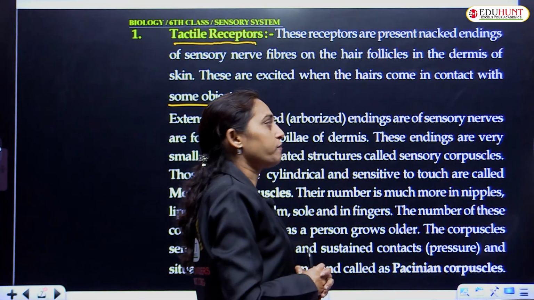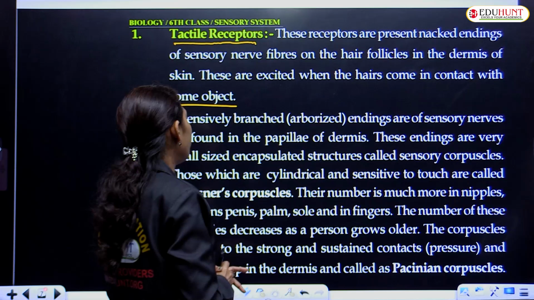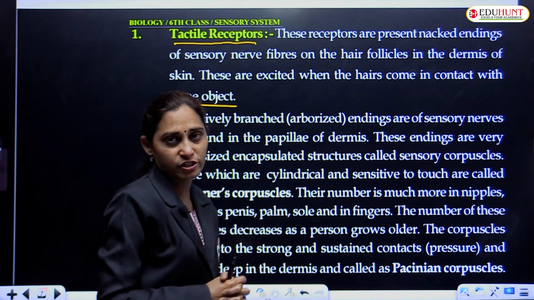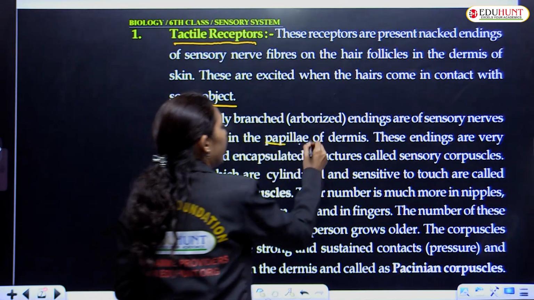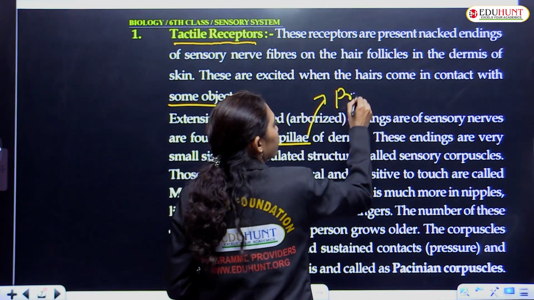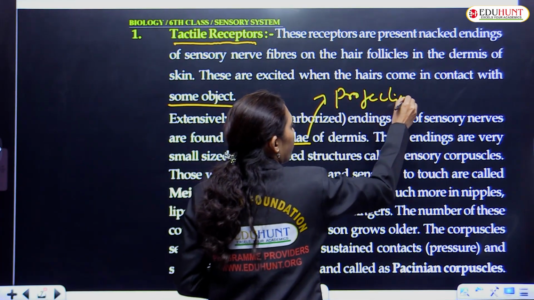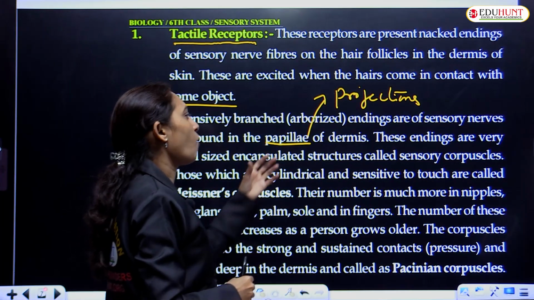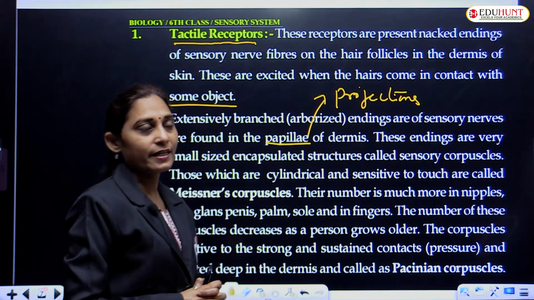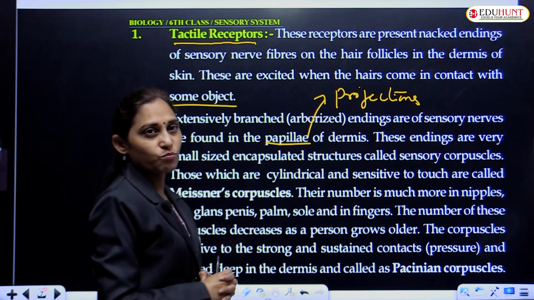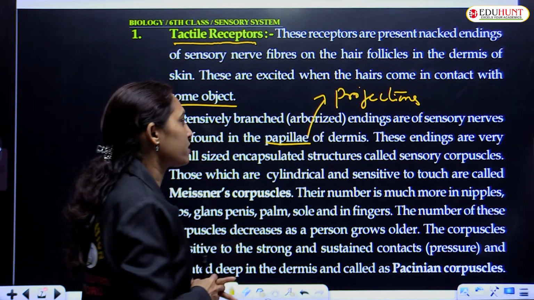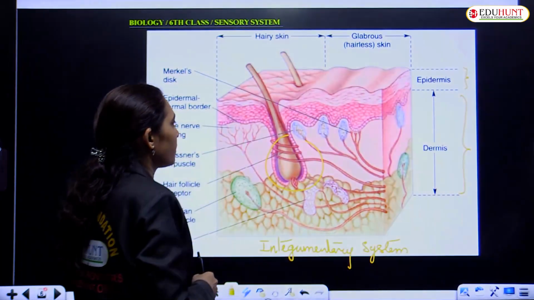And endings of sensory nerves, the nerve fibers, are found in the papillae of the dermis. Papillae are the projections of the dermis, found in the dermis in the form of papillae, and these endings are very small sized encapsulated structures called the sensory corpuscles.